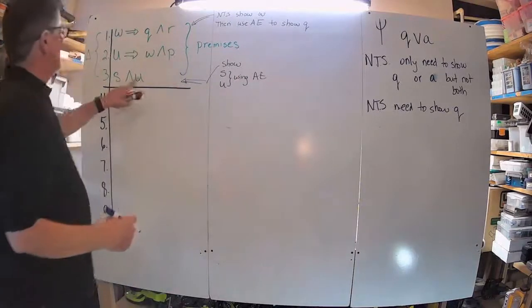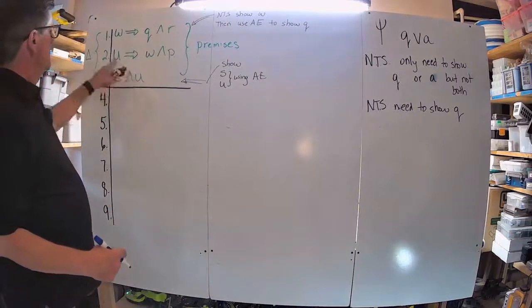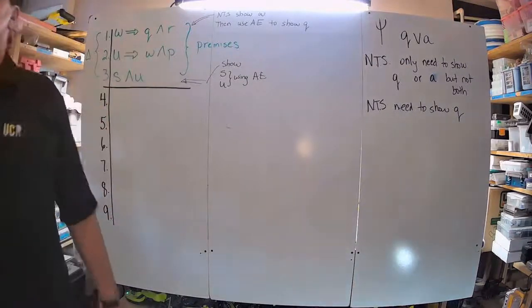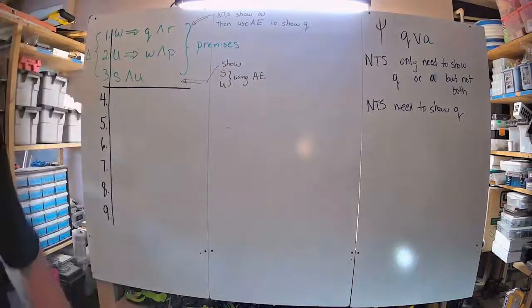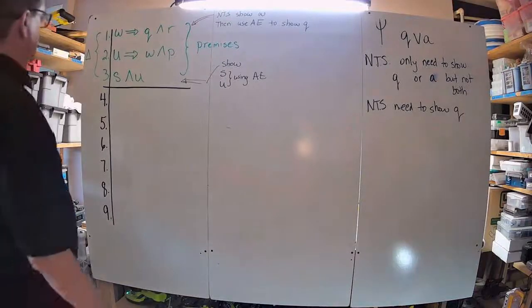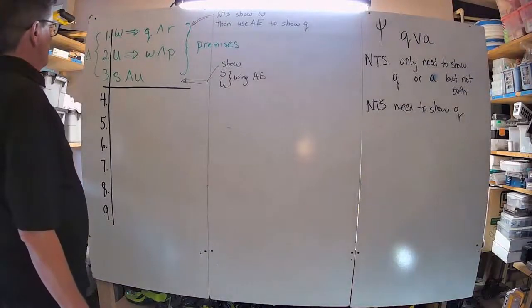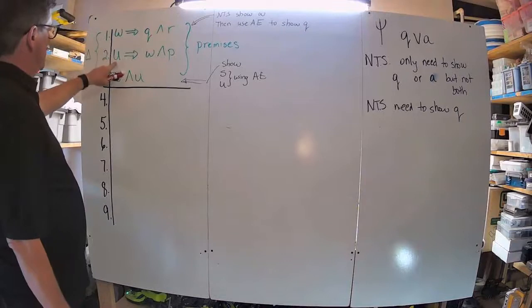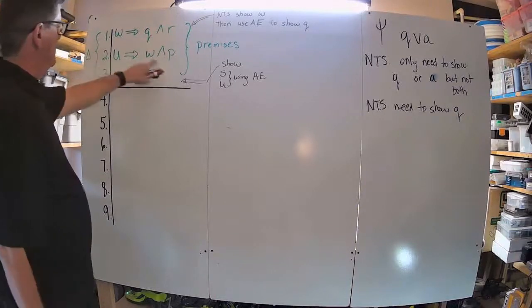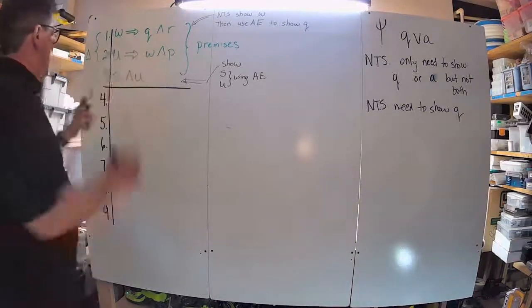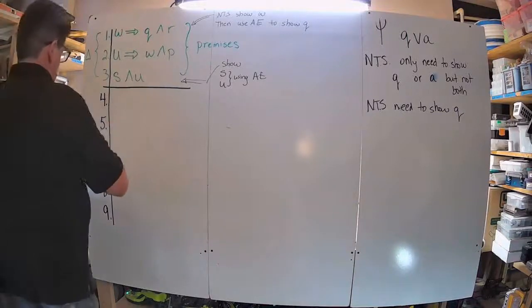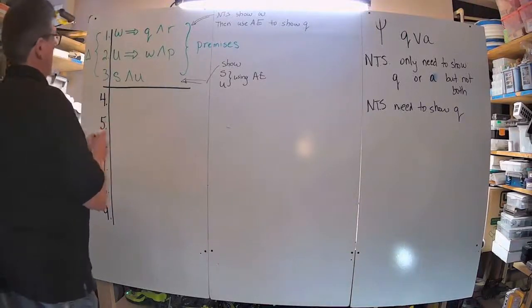And if I can show U, then I can show W and P. Okay, so I feel like now I know what to do. Here's what I can do. First I need to show U so that I could use it to show, okay, let me show you what I mean. So let me write here in black.